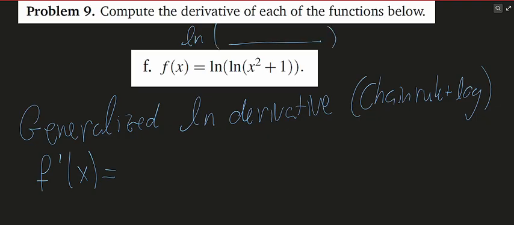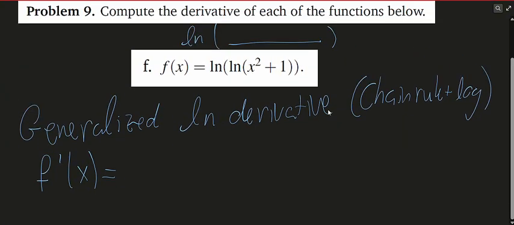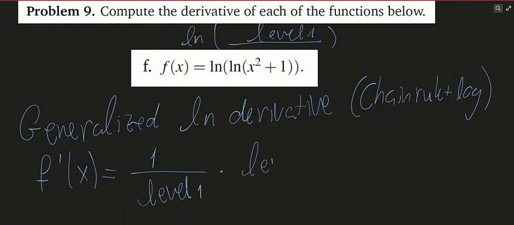Call what's inside level 1. So what I'm going to do now is take the reciprocal, because when I take the derivative of a log, I take the reciprocal of what's inside, 1 over level 1, times level 1 prime.